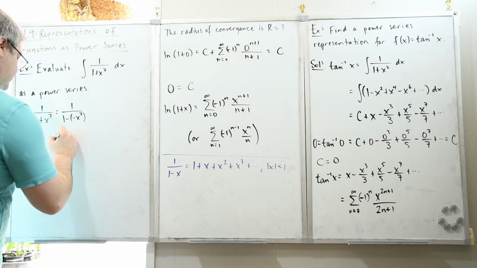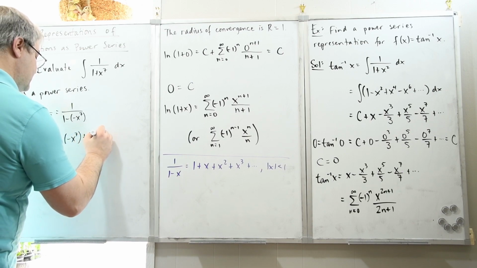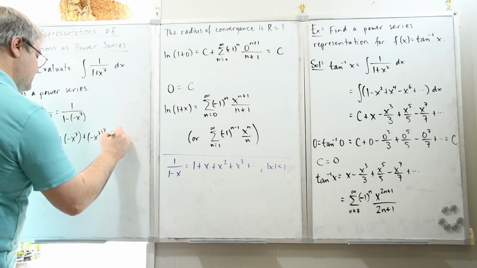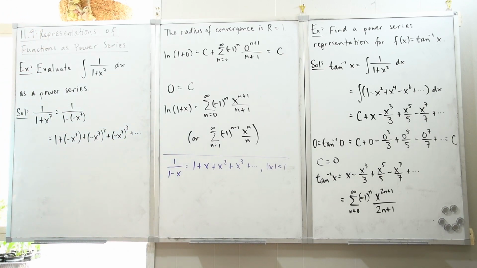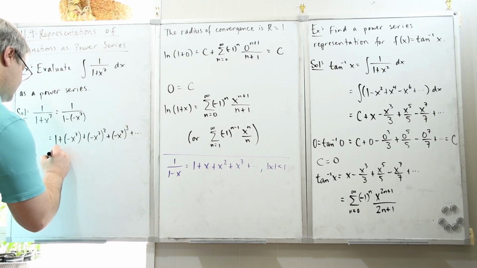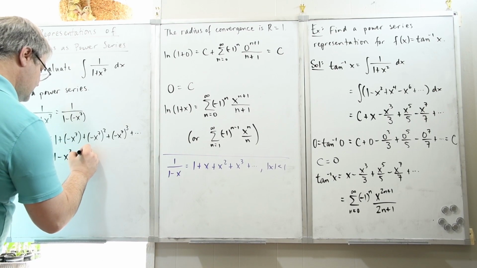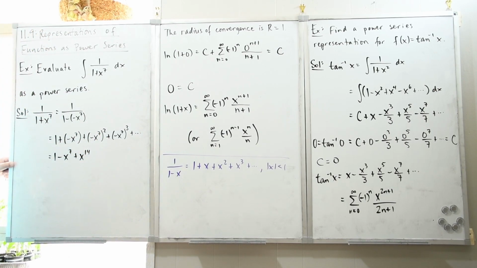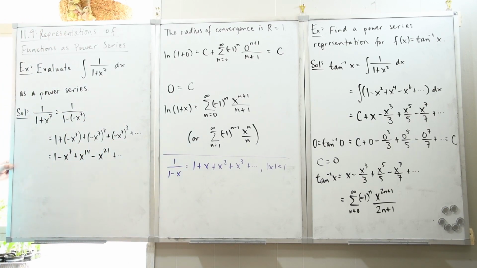So we would have 1 plus negative x to the 7th plus negative x to the 7th squared plus negative x to the 7th cubed, and so forth. That's going to give us 1 minus x to the 7th plus x to the 14th minus x to the 21st, and so forth.